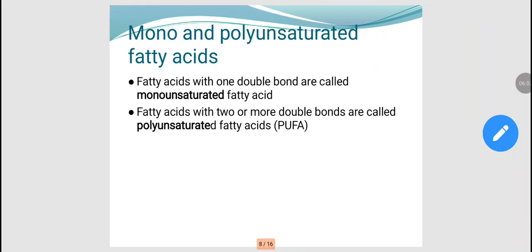Mono and polyunsaturated fatty acids. Unsaturated fatty acids are divided into two types: monounsaturated fatty acids and polyunsaturated fatty acids. Fatty acids with one double bond are called monounsaturated fatty acids.